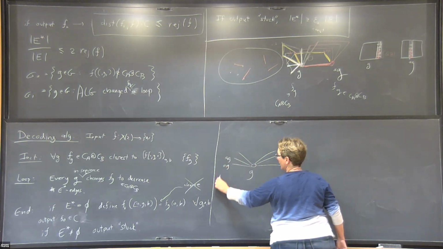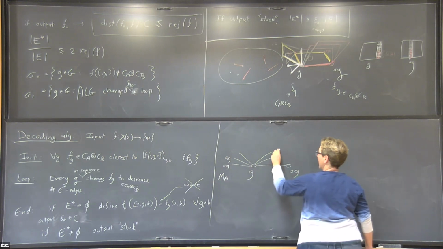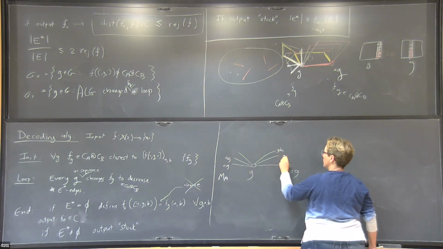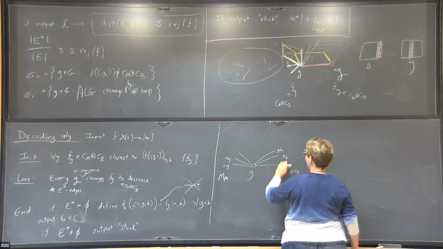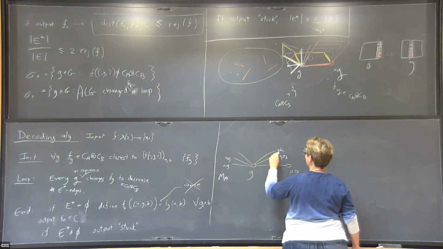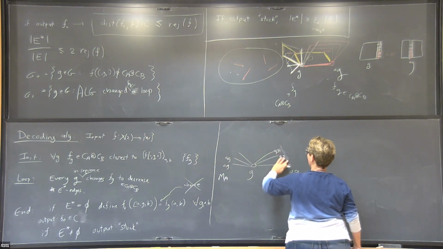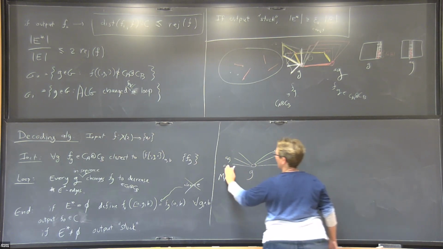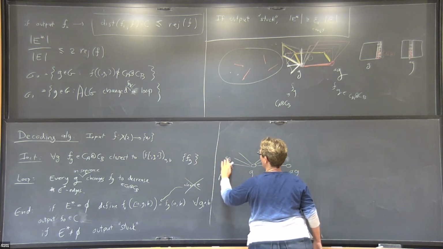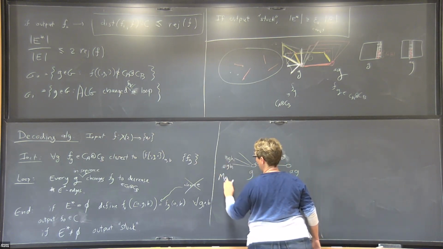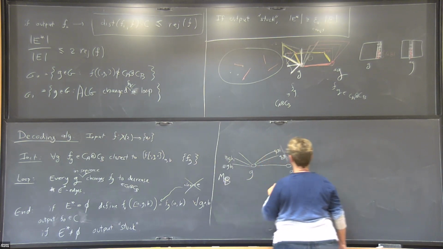And GB1, GB2. This is A1, A2. This will be MB, this will be MA.